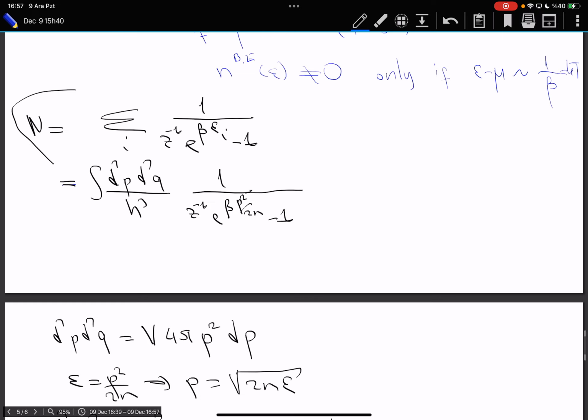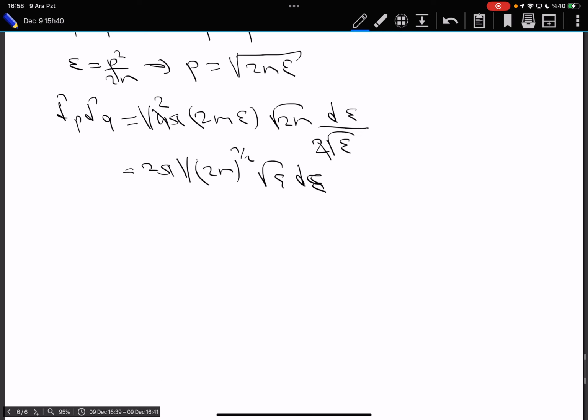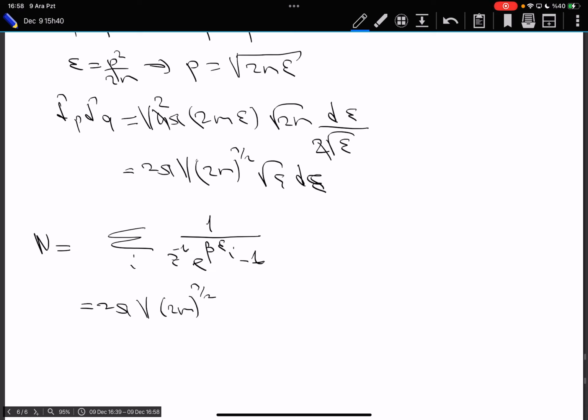So this sum basically becomes 2 pi V, 2m to the power 3/2, the integral of d epsilon square root of epsilon, 1 over z inverse e to the power beta epsilon minus 1. And epsilon goes from 0 to infinity.